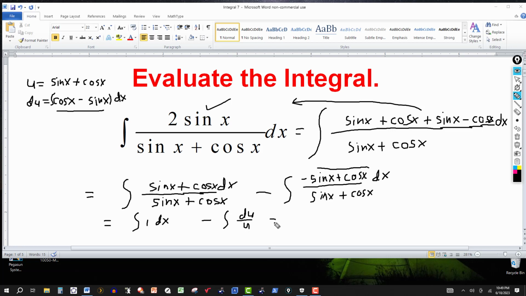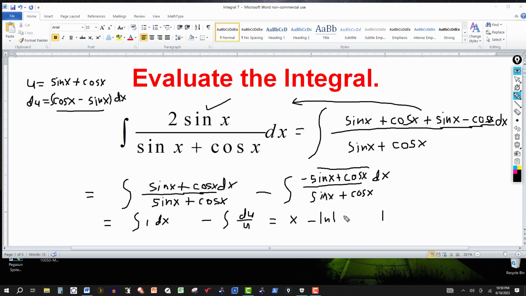Now we just integrate. So the integral of 1 with respect to x is x. And then this is going to be minus natural log of absolute u. That's just the formula for the integral of 1 over u with respect to u.